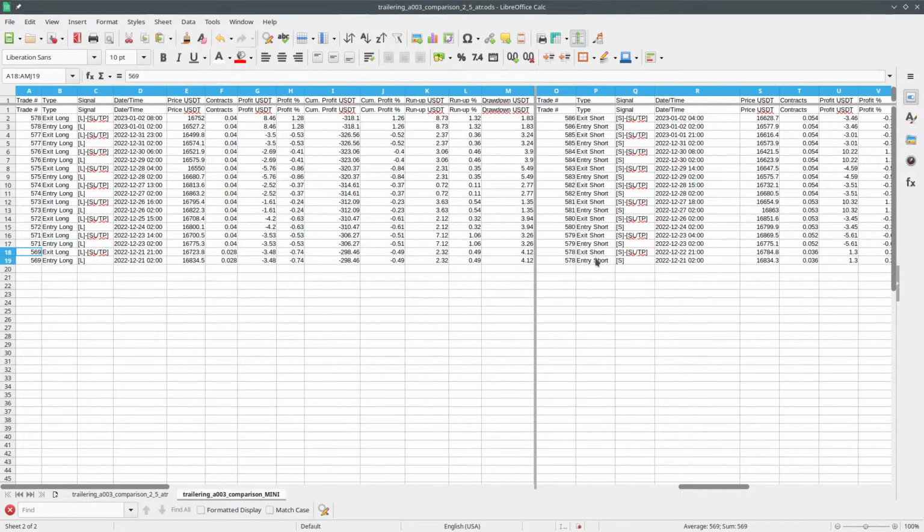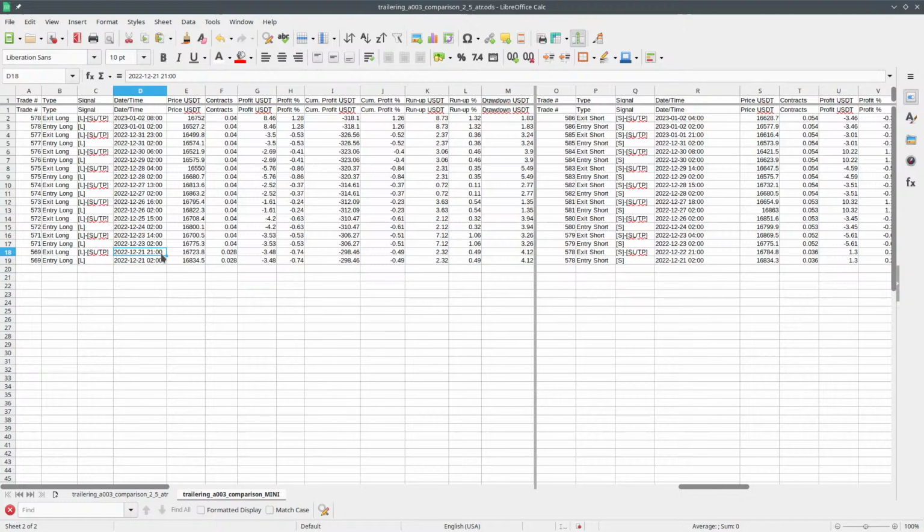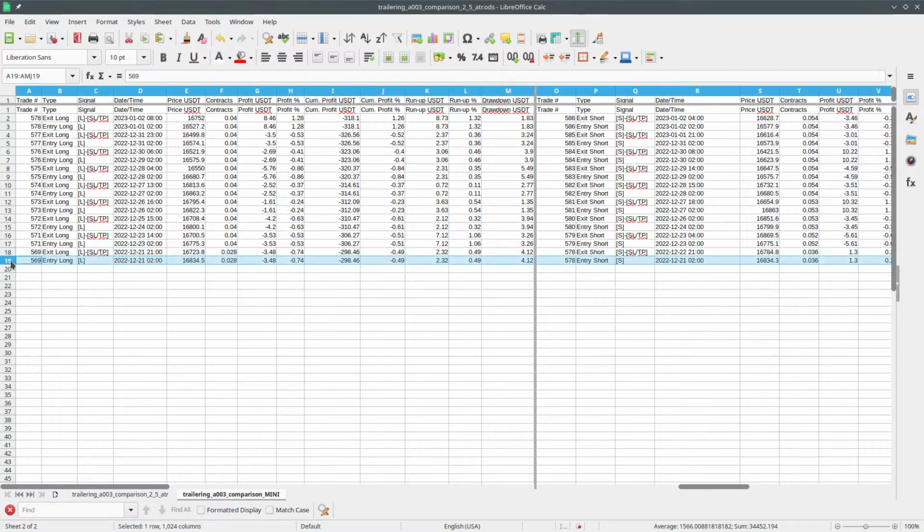So now this one ends before, but we don't care. What we are interested in is that they start both at the same time. So this starts both at the same time. Okay. What about this one? Do they start at the same time? Yes, they do. And what happens here? Do they end at the same time? No, they don't. But the next one starts at the same time.